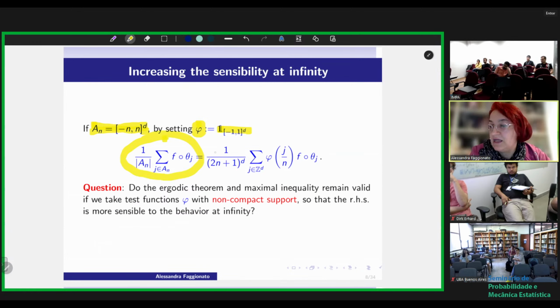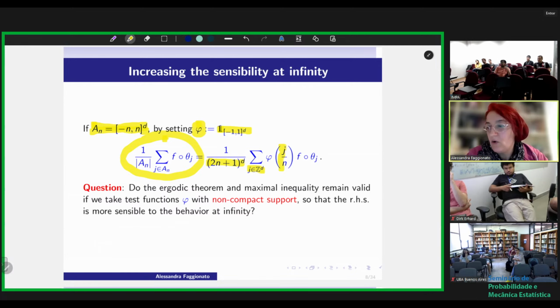It is equal to 1 over (2n+1)^d, the cardinality of A_n, and then the sum over j in Z^d of phi evaluated in j divided by n, which is a number, times f composed with theta_j.